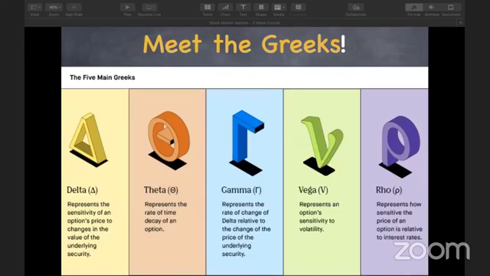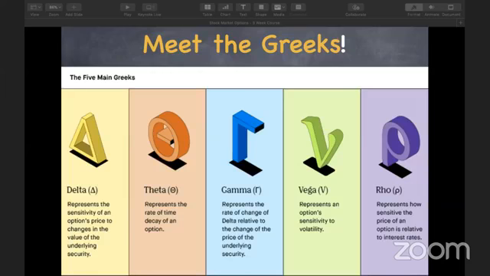And then last but not least is Rho. Rho considers interest rates, how interest rates impact the pricing of a stock or ETF, their premium on the options.